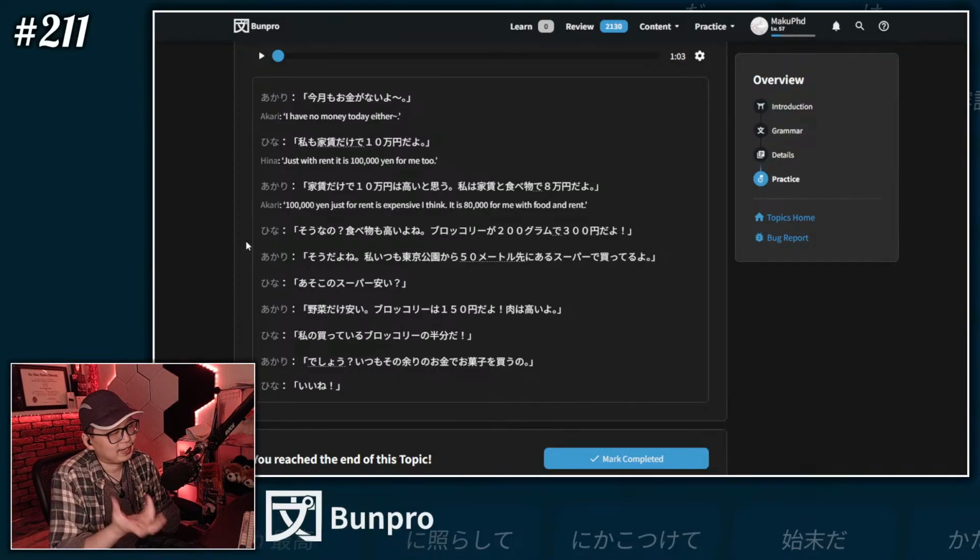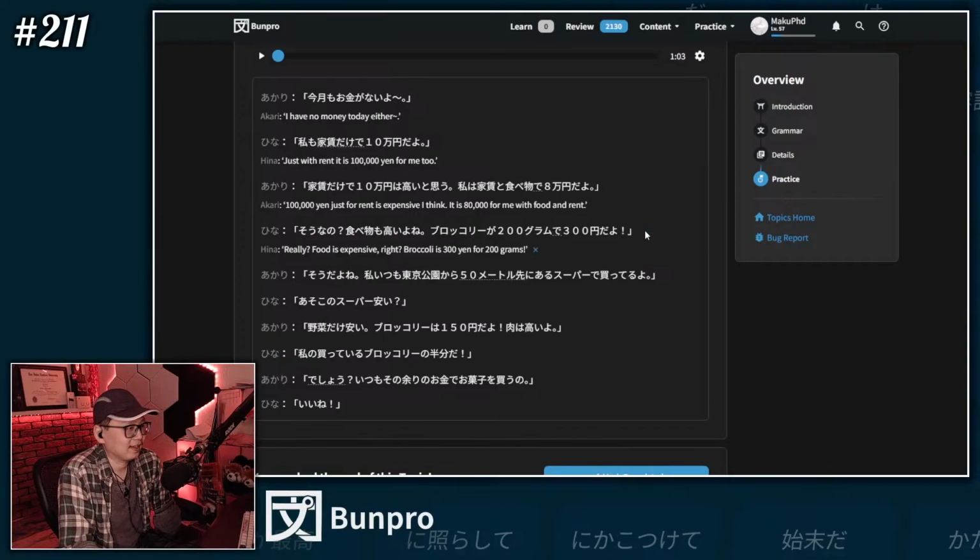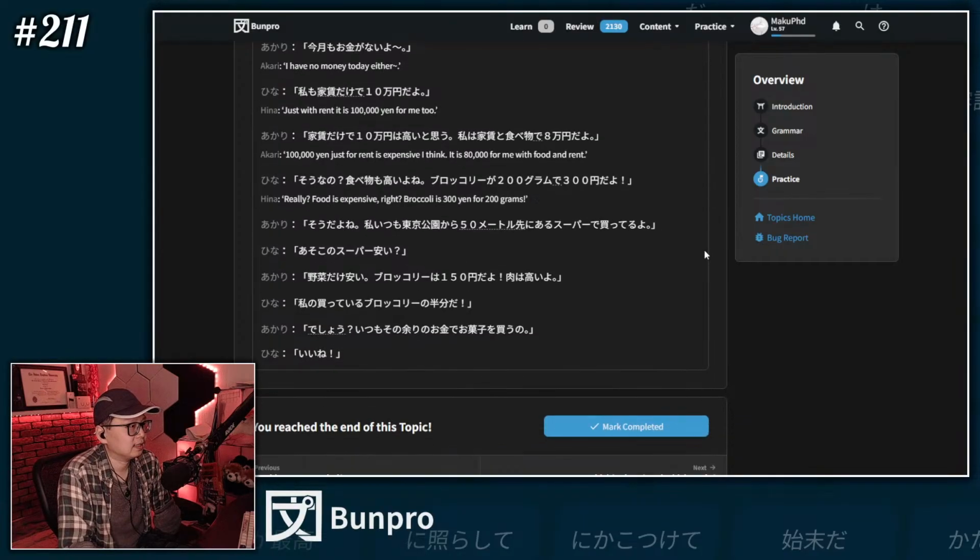Like I can't even imagine what 200 grams of broccoli is. So I just took it, I guess it's expensive. Really, food is expensive, right? Broccoli is 300 yen for 200 grams. And then Akari said, yeah, sure, you're right.